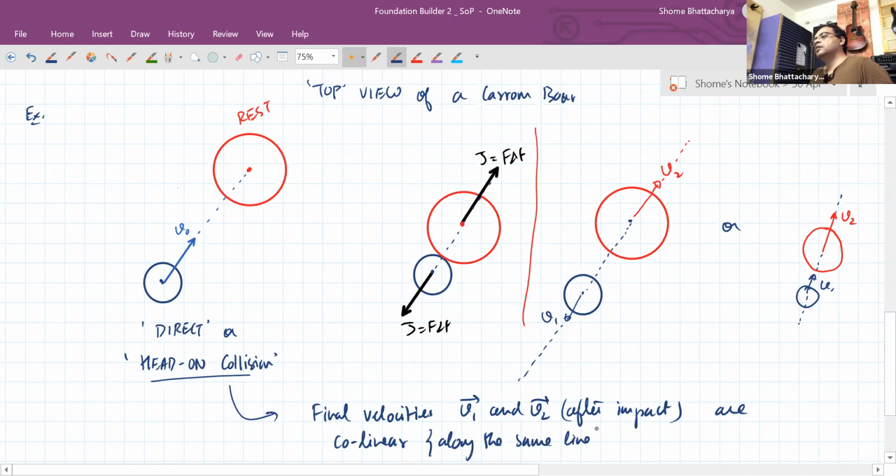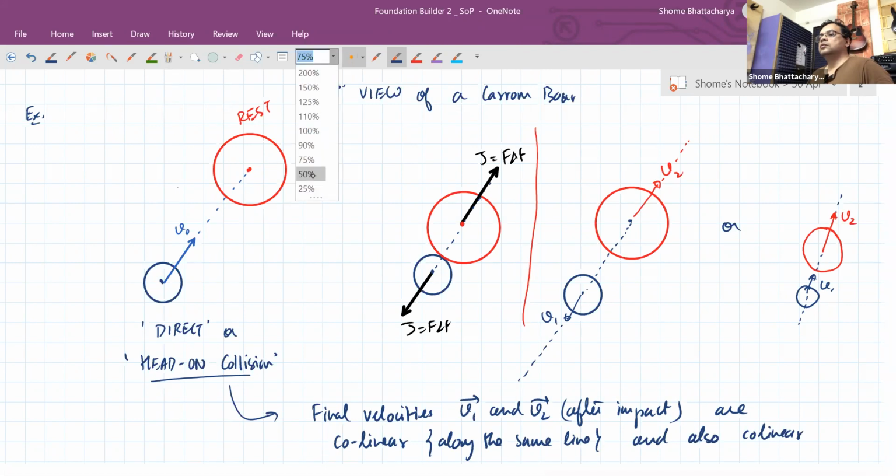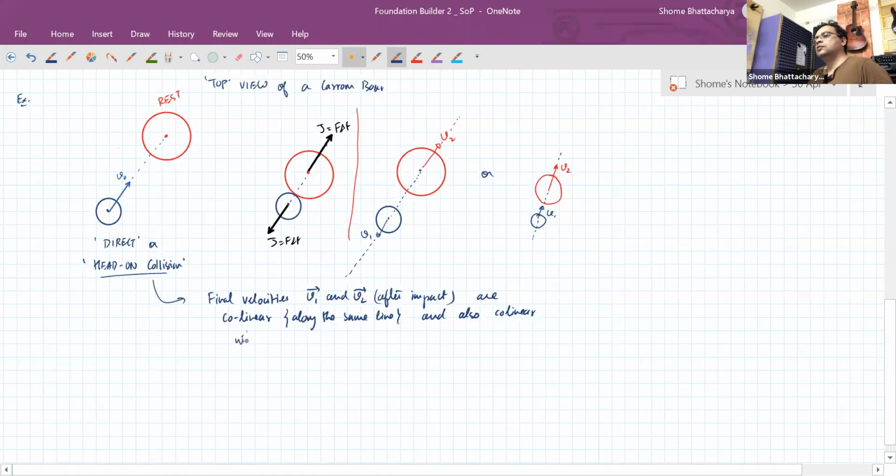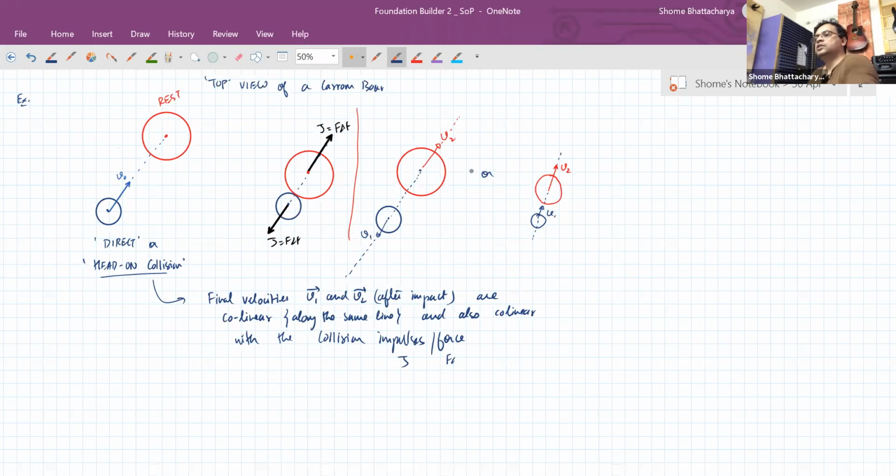And also collinear with the collision impulse or force, J or F delta T. I mean J or F. So you can see these are all lying along this axis.